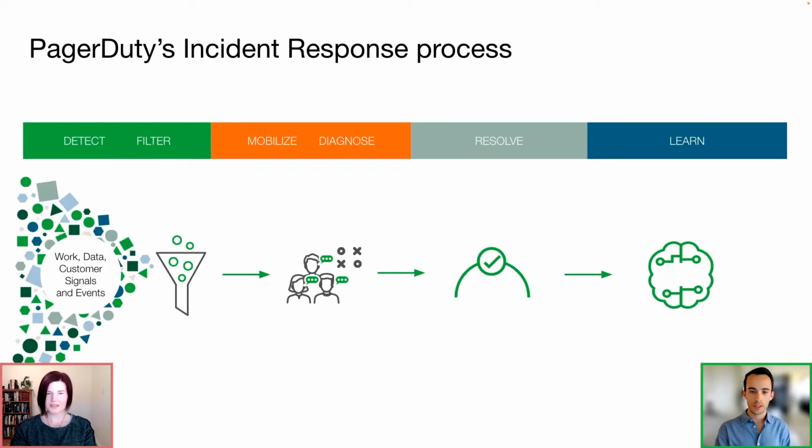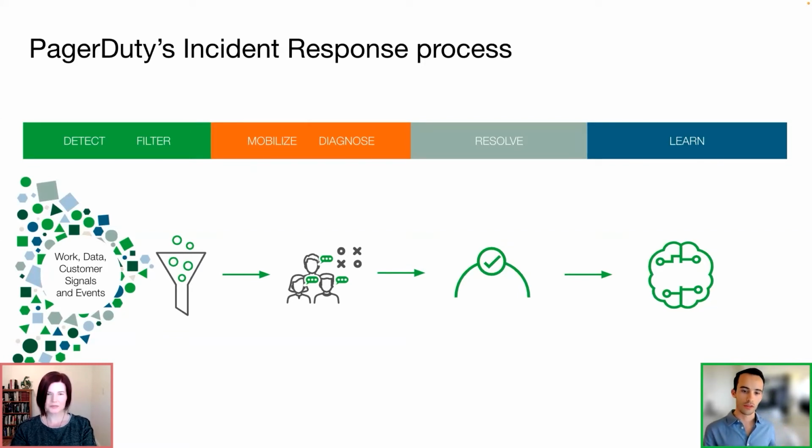And so I wanted to pull this up also just to be specific about what we're talking about when it comes to automation within incident response, and where this thing that we're calling automated diagnostics, which we will define in a second, fits into the end-to-end process. And this is how PagerDuty tends to look at the stages of an incident.